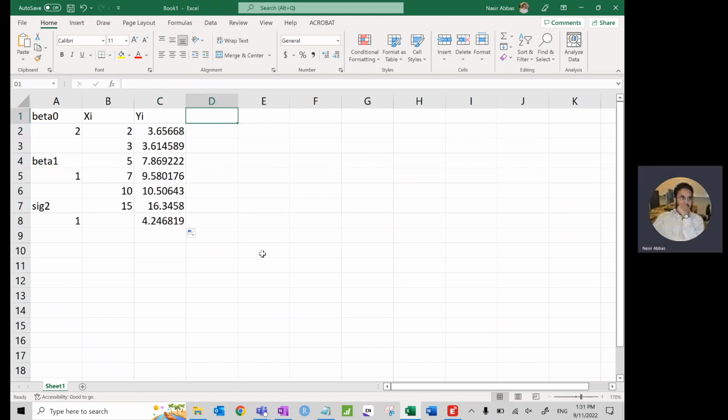So these are yi's. You see they are changing because there is a random component epsilon. That's because epsilon is a random variable. If I delete epsilon, it will simply be a straight line.